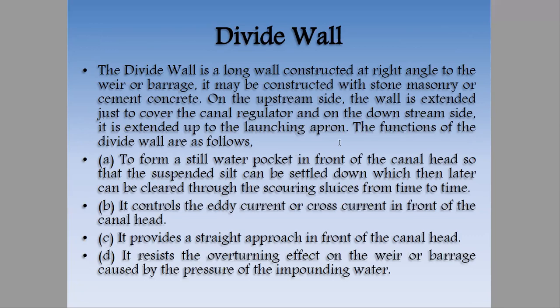If we throw some floating body in water, it will not stay there. If the river is flowing, it will flow. And why will it flow? Due to the current effect of water. So that is current, the flowing effect.